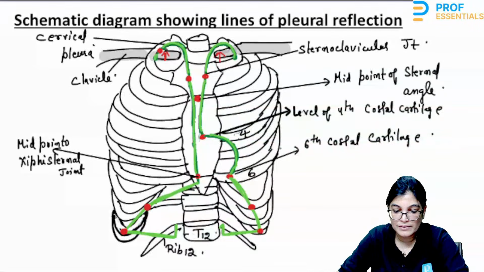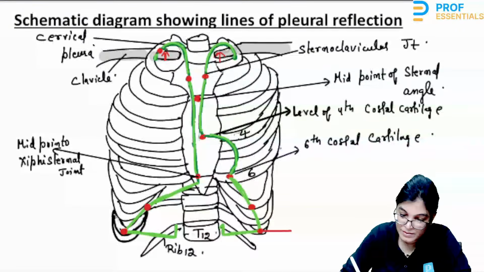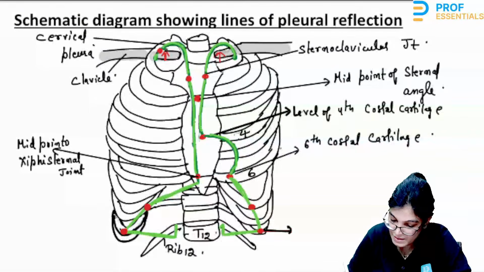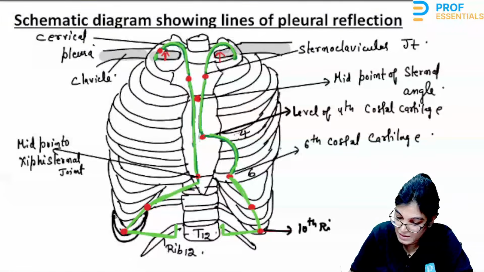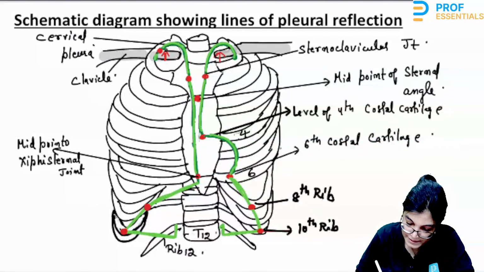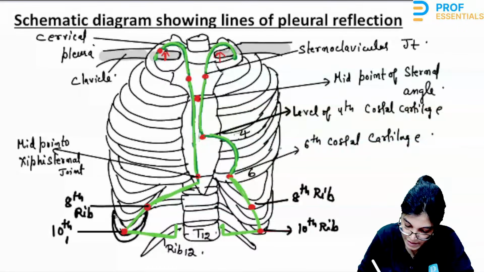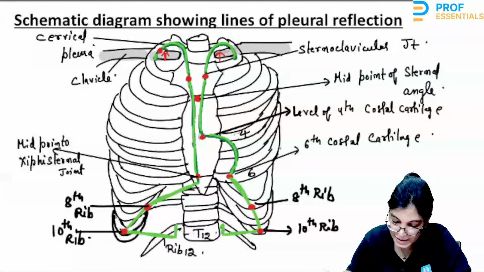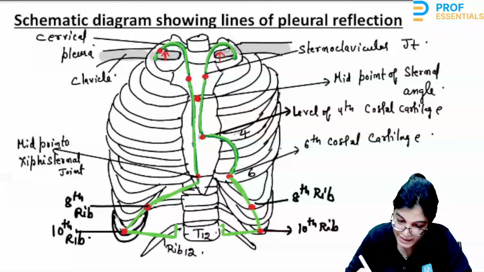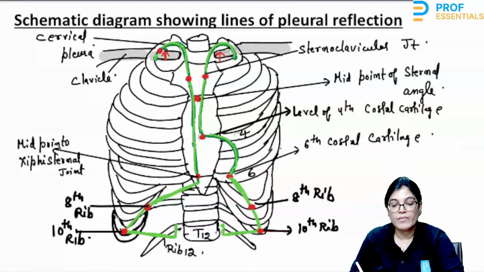So basically this is the 10th rib level. This is 8th rib. Here also this is 8th rib and this is 10th rib. 12th rib on either side I have already marked. No doubt about that. Okay, 12th rib.